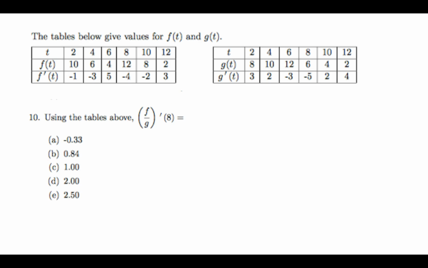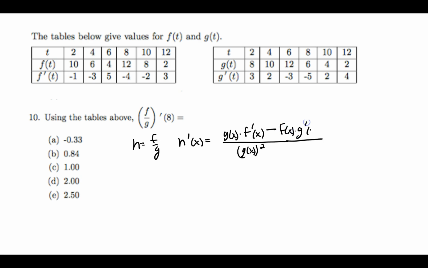Okay, so same chart, but now the quotient rule. And so if h is equal to f over g, then we want to find h prime of x. So we take g of x and square it. We take g of x and write it up top and multiply it by f prime of x, put a minus sign, leave f of x alone, and multiply it by g prime of x.